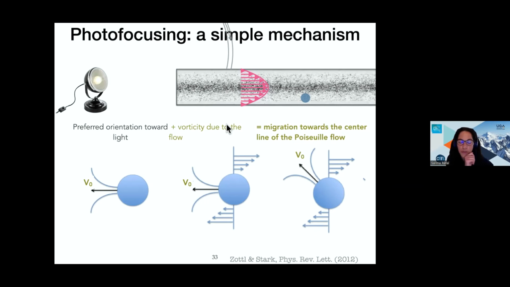Oh, thank you for this reference. No, as I showed you, the way we look at the phototaxis is a simple microscope, let's say an ensemble description that we do on the trajectory.